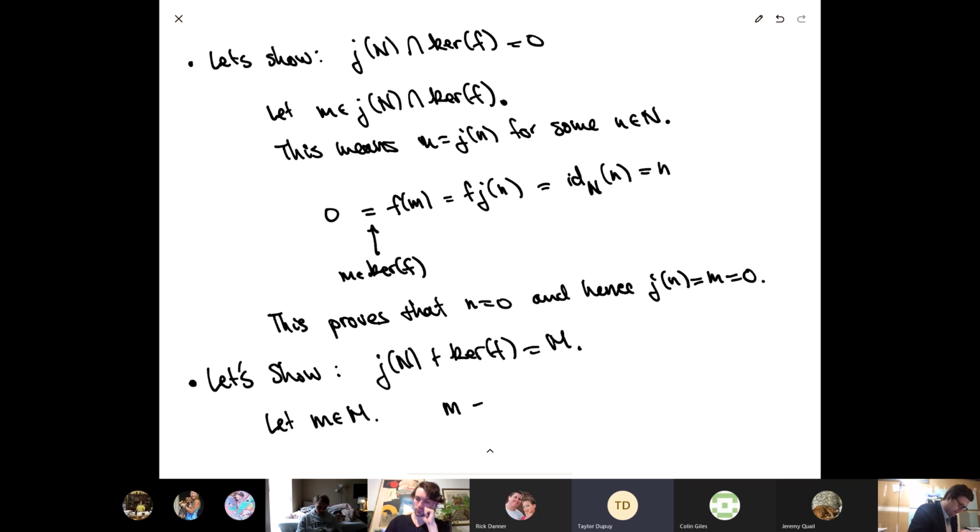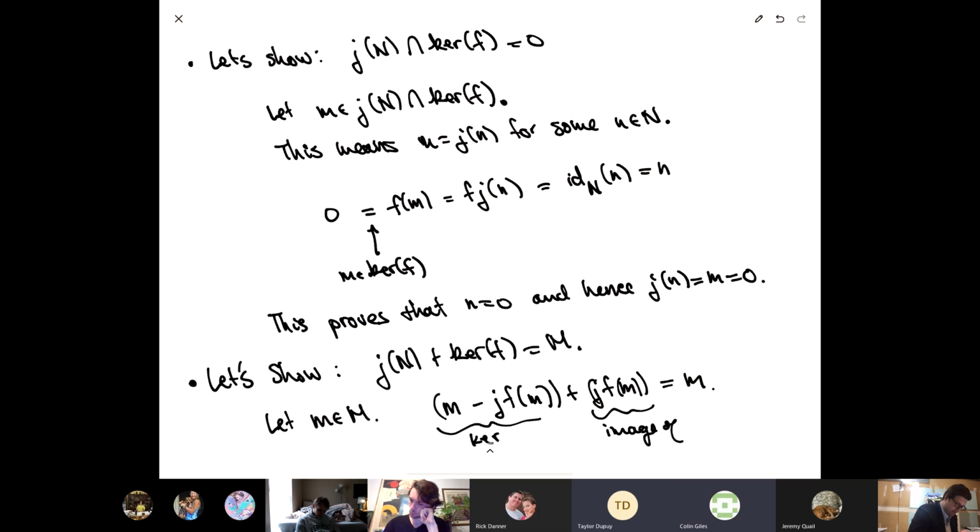We kind of project it and lift it back up. So we have two pieces here, and this is equal to m. I claim that this one is in the kernel, and this one is in the image. The fact that this is in the image of J is trivial.